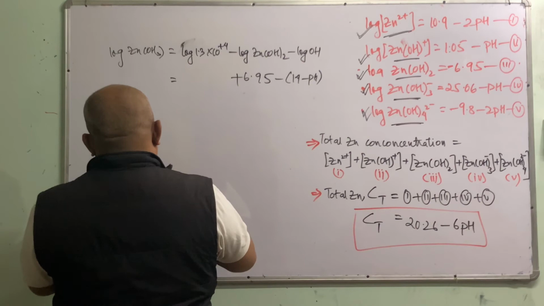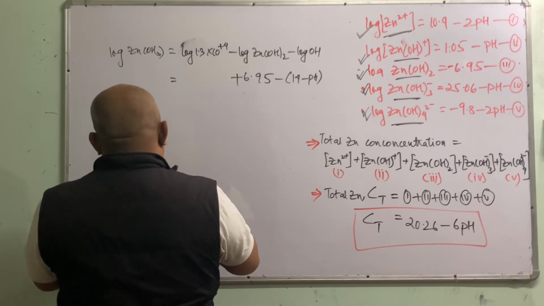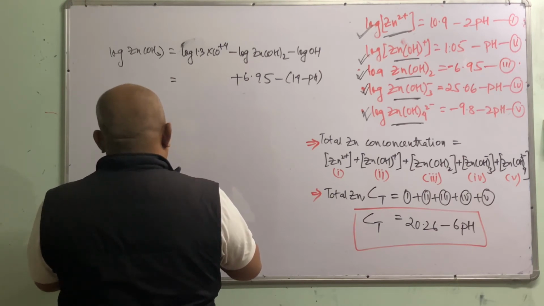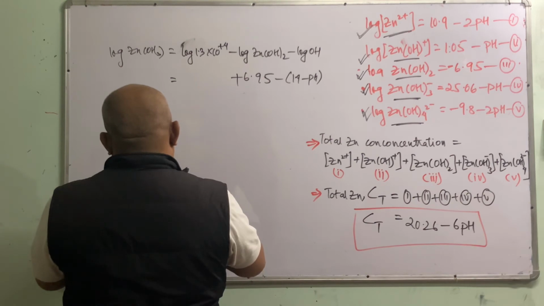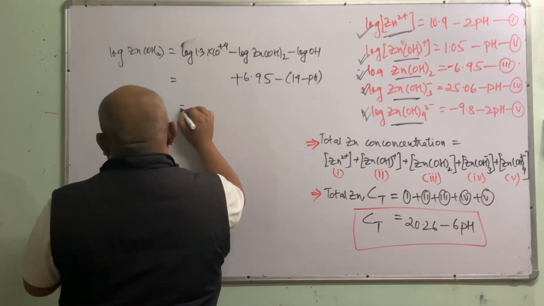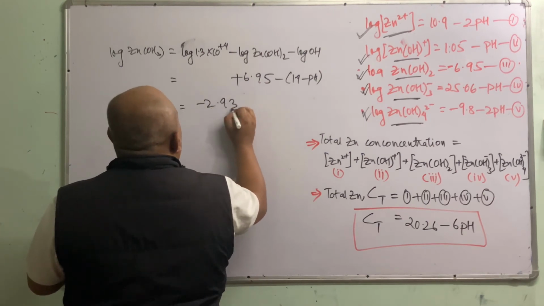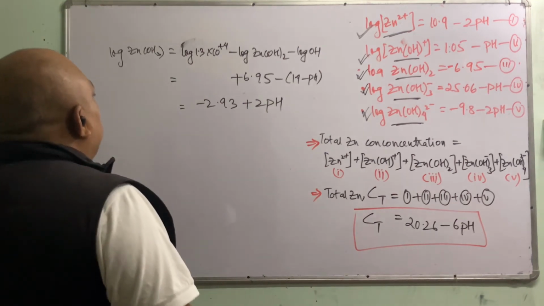1.3 into 10000, log plus 5 is equal to 11, 11 minus 14. Oh, this is minus 2.93 plus twice pH. Now I need to work it out.